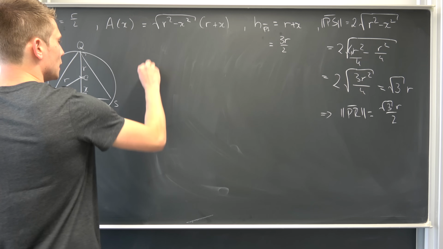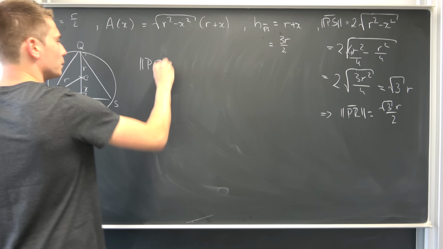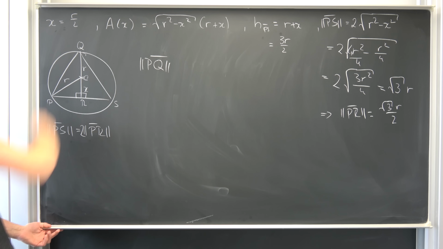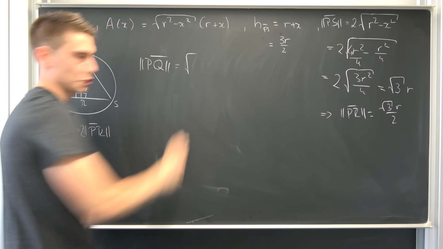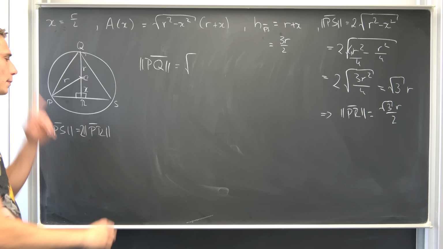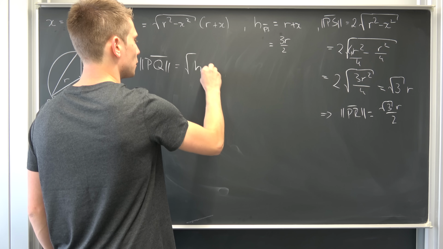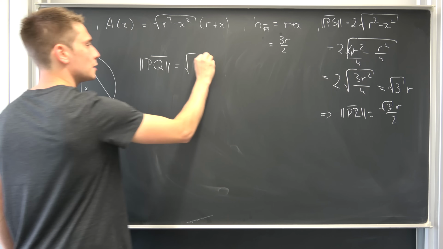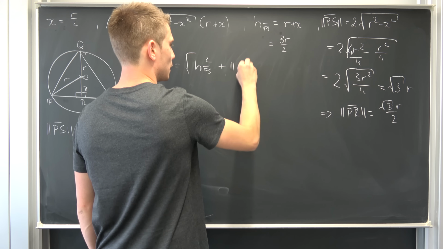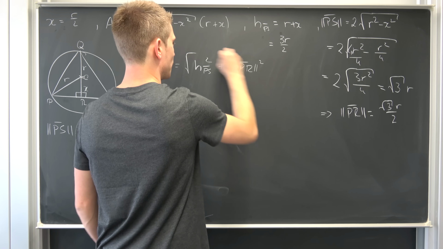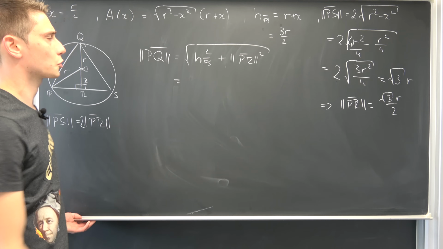So we want to find out our side length PQ now. So what is PQ? Well, PQ is nothing but the square root, the positive one, because Euclidean space, blah, blah, blah, of our height on PS, squared, plus our PR squared. So what is this going to correspond to?